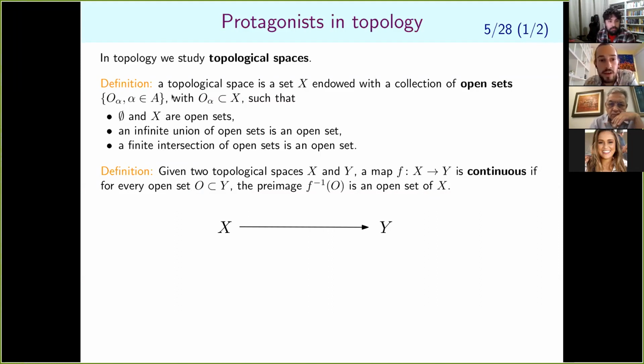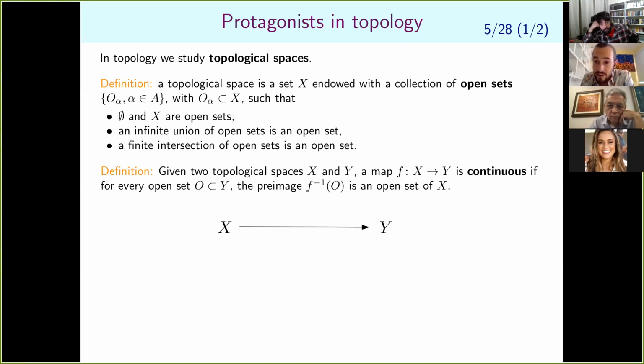An open set is a subset of X. This collection of open sets, we call a topology. And a topology has to satisfy some axioms. For instance, the empty set and the whole set have to be open sets. Infinite union of open sets has to be an open set. And also a finite intersection of open sets is an open set.